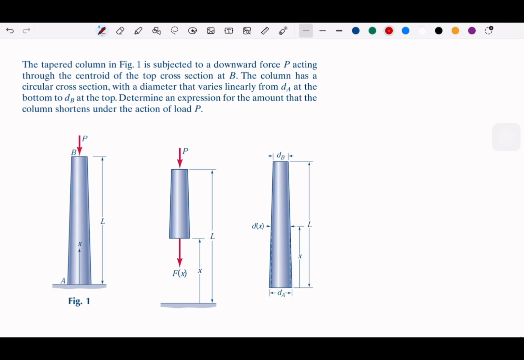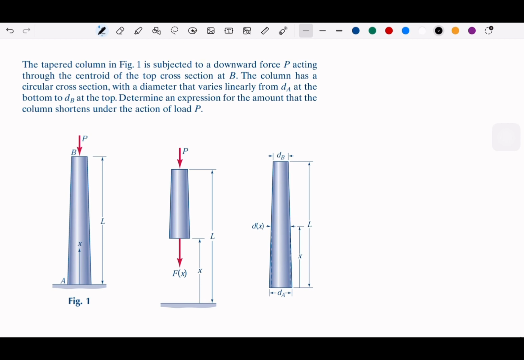So first of all, we are going to assume that there are some infinitesimally small elements working within the column, and the column will be shortening. So instead of an extension, as we usually take for deformations, we have a shortening, which means the elongation is going to be negative.